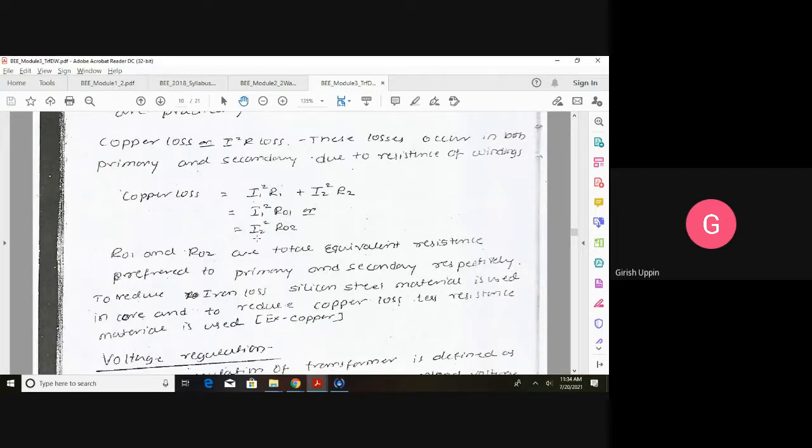From the secondary side, it is I2 square into R02, where R02 is the equivalent resistance with respect to the secondary winding. Now you can see from this equation, R02 is constant. The resistance of the transformer is constant. The copper loss will increase as the square of the load current.